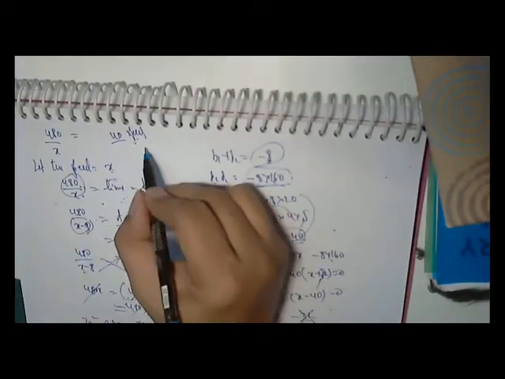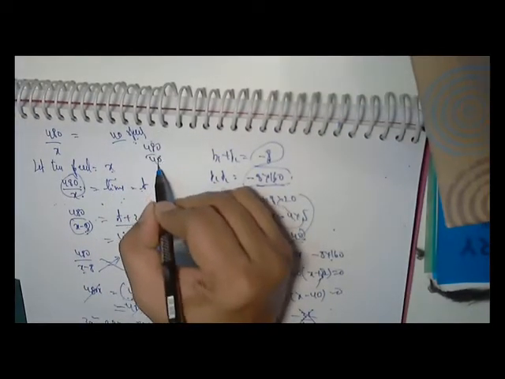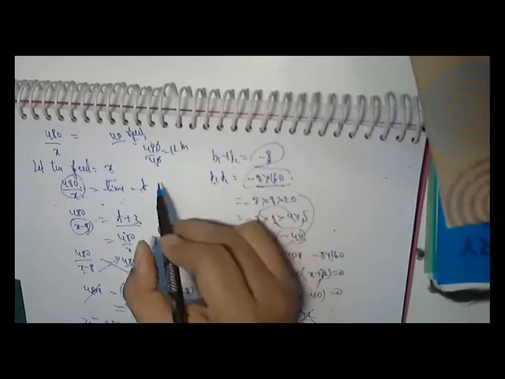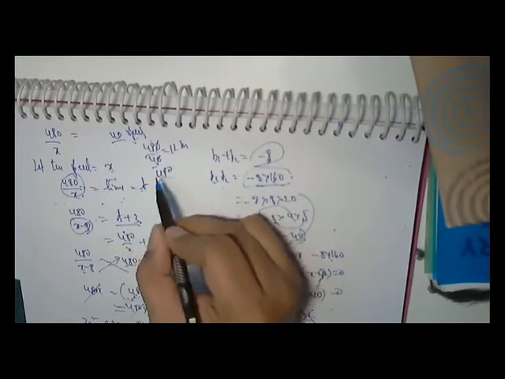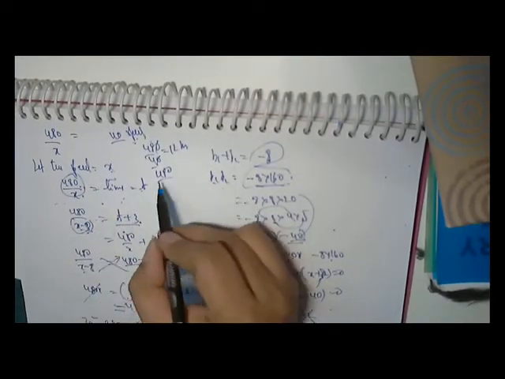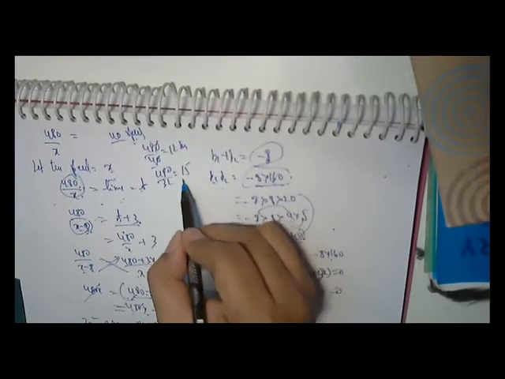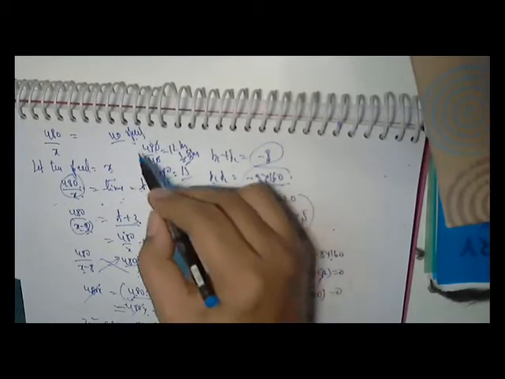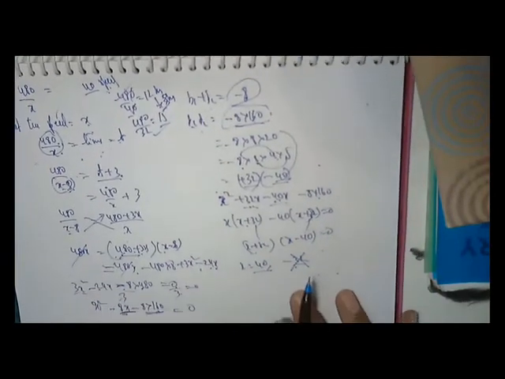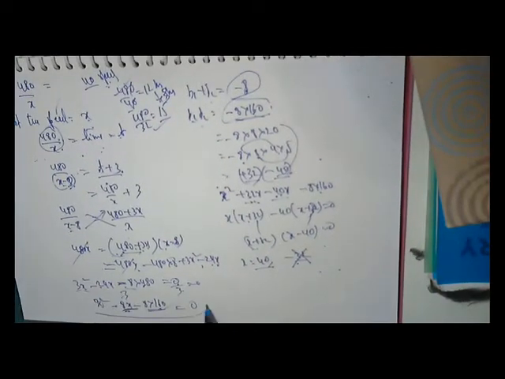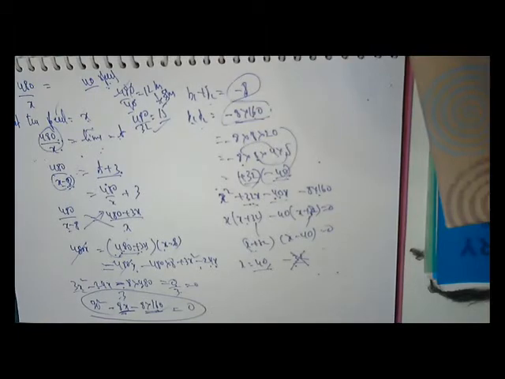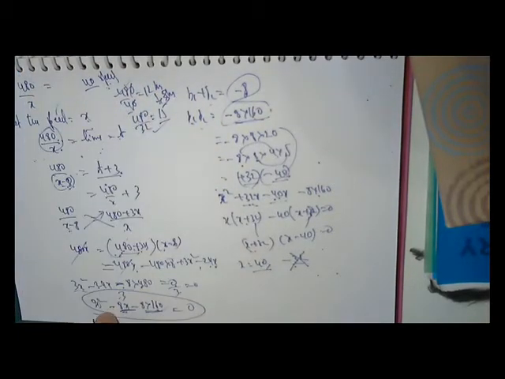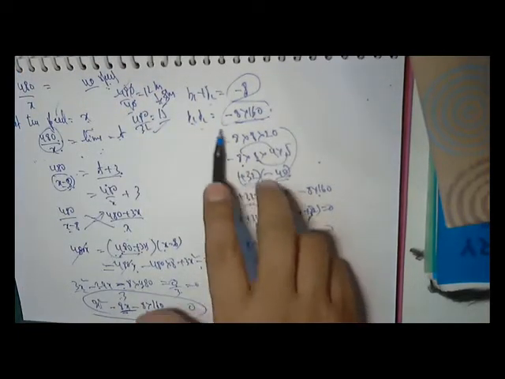Let us cross check. 480 by 40 is 12 hours. If 40 is reduced by 8, 40 minus 8 is 32, we get 15 hours. So it took 3 hours more, so my problem is correct. But what is the question? The question is only up to this: we have to convert this theory into a quadratic equation.